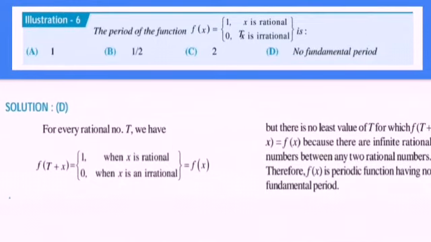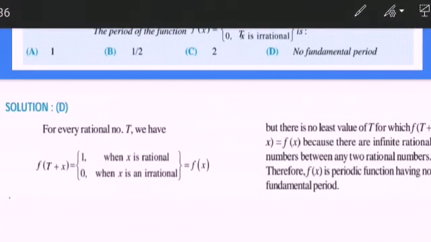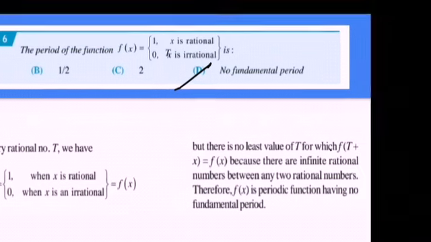The concept of period is f(t + x) = f(x), but there is no least value of t for which f(t + x) = f(x), because there are infinite rational numbers between any two rational numbers. Therefore, f(x) is a periodic function having no fundamental period. So D option is correct.